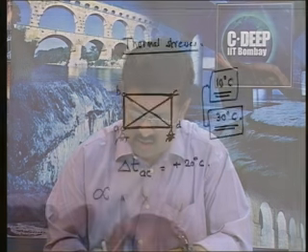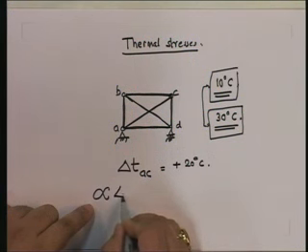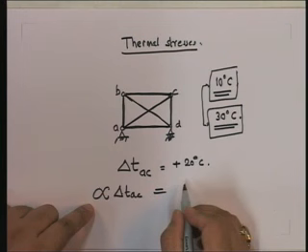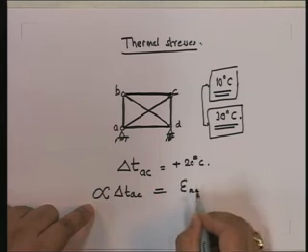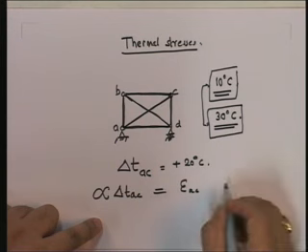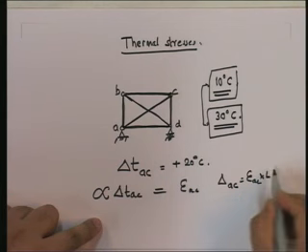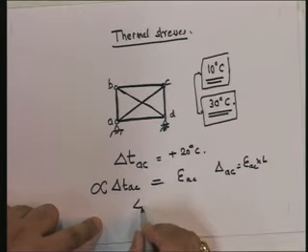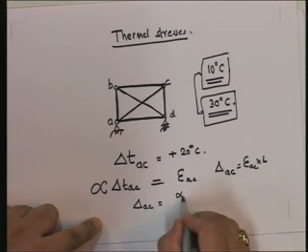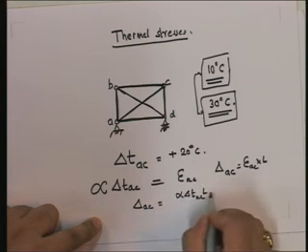So, alpha is the strain in the member due to a 1 degree rise in temperature, additional axial strain. So, this times the total temperature rise will give me the strain in member AC. And if I have the strain in member AC, what is the deformation of member AC? It's strain times L. In other words, delta AC is alpha delta T AC L AC.